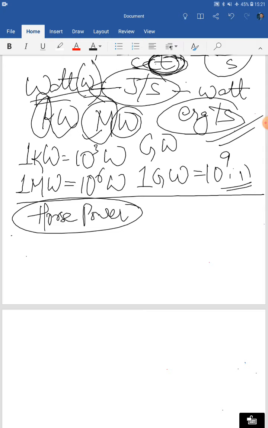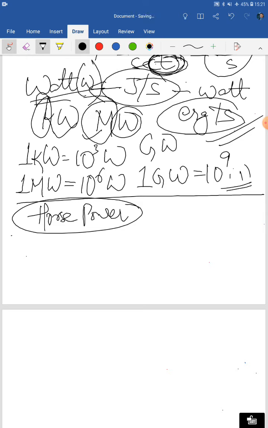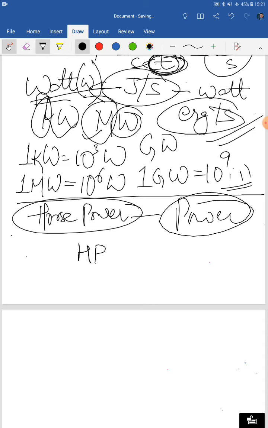So horsepower is another unit of power which is largely used in mechanical engineering, the field of machines that produce mechanical energy, like your bikes, cars, trains, mixer, grinder, washing machine, all the appliances which convert electrical energy to mechanical energy, or which give you mechanical energy. So it is a unit of power which is generally used in mechanical engineering. Okay, clear?